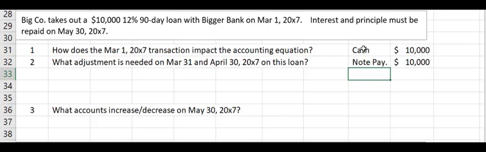So what adjusting entries are required on this loan for March and April?